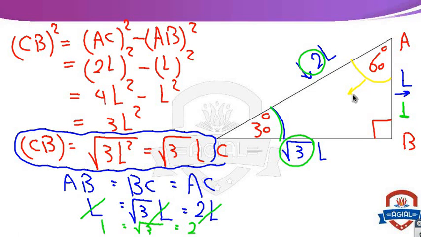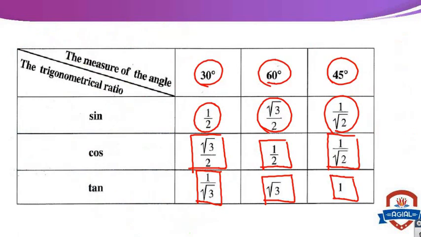Tan 60 equals opposite over adjacent, square root of 3 over 1. From this table, sine 60 equals square root of 3 over 2, cosine 60 equals 1 over 2, and tan 60 equals square root of 3.